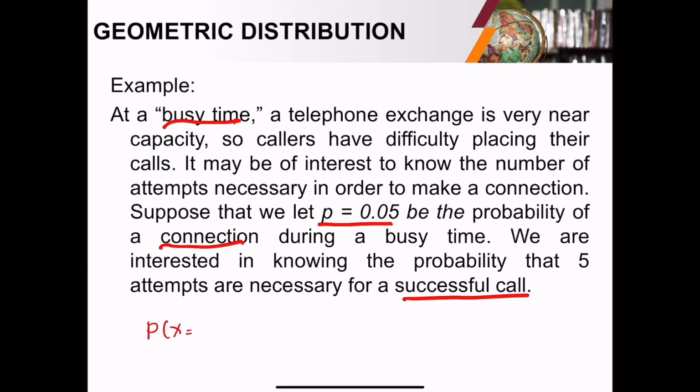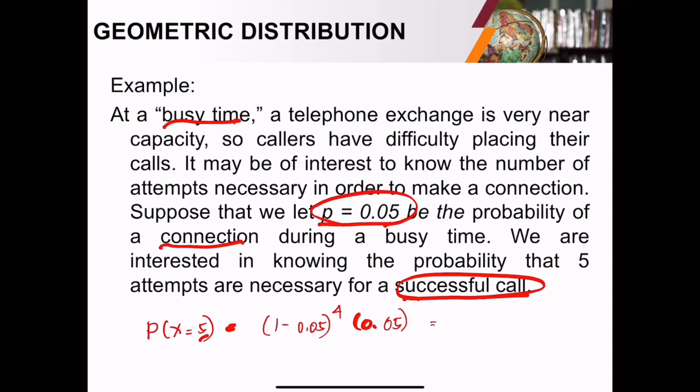We are talking about successful calls. And to get a successful call on a busy connection, you get a probability of success of 0.05. So, it gives us 0.95, right? 1 minus 0.05 raised to 4. It means it is only on the fifth attempt that we get a successful connection, multiplied by 0.05.